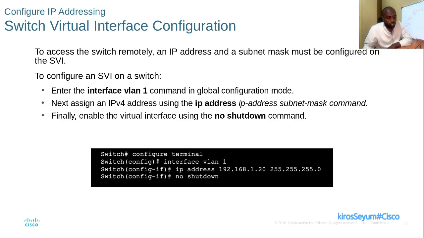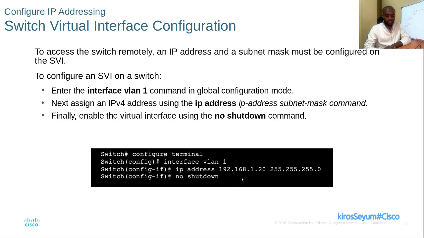Switch virtual interfaces: switches don't need an IP address for communication, but you may want to log into the switch. So you have to configure the virtual interface, which is the interface VLAN. Most of the time, the VLAN interface is the virtual interface. You can have access to that switch remotely from the network using this IP address.